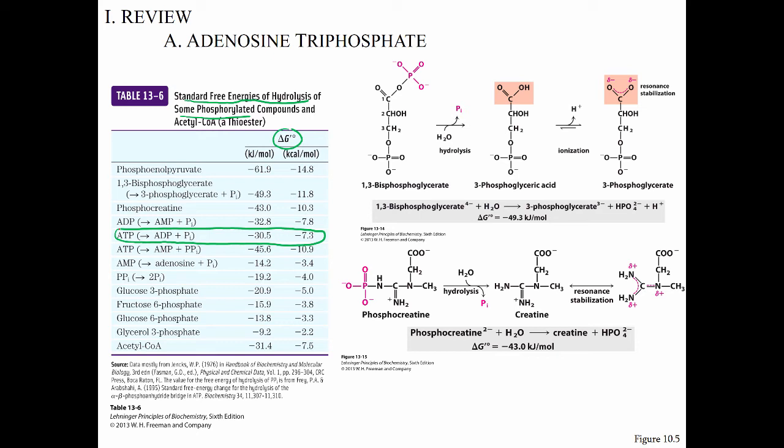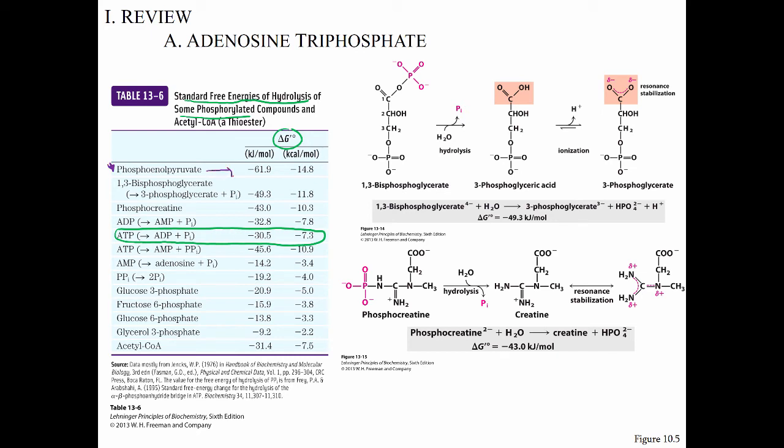But this plays an important role in our discussion because ATP can be generated by the hydrolysis of some of these other compounds, commonly referred to as high energy compounds, like for instance phosphoenolpyruvate.